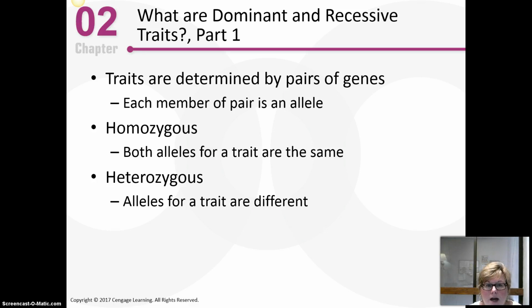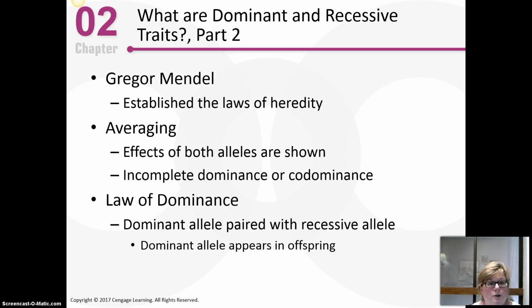So you may have heard some of this talk before in biology in high school about dominant and recessive genes, and that's what we're basically talking about. For example, how do you come up with blue eyes versus brown eyes versus green eyes versus hazel eyes and things like that. So we're going to continue looking at this a little bit more.